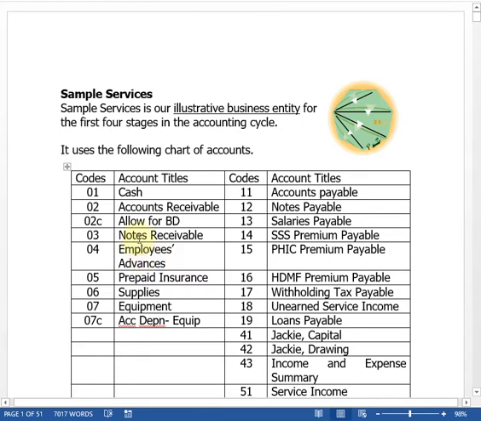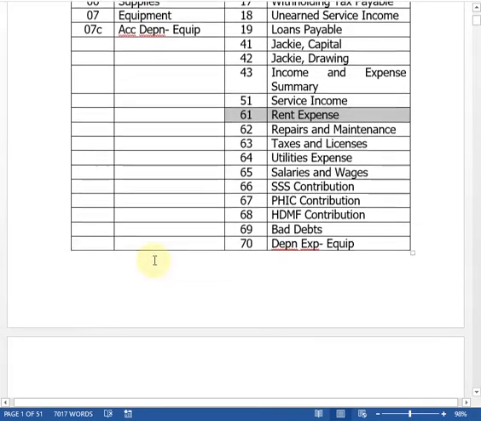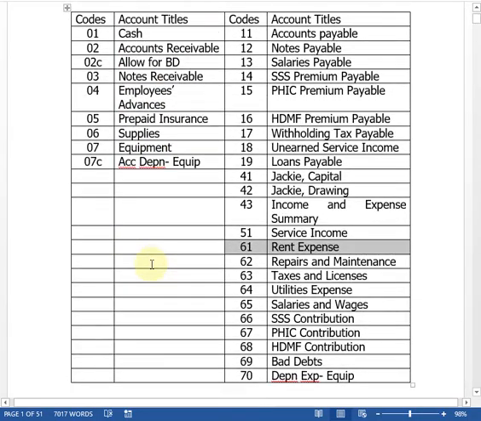Like what I said a while ago, if the transaction is rental, you can use either rent expense or rental expense at your own choosing. But once there is a chart of accounts given, then you really have to strictly follow what is provided in the chart of accounts. So that is the number one thing to remember.